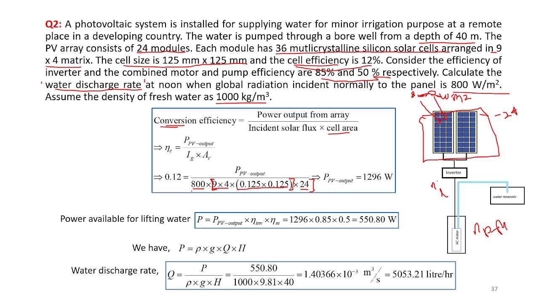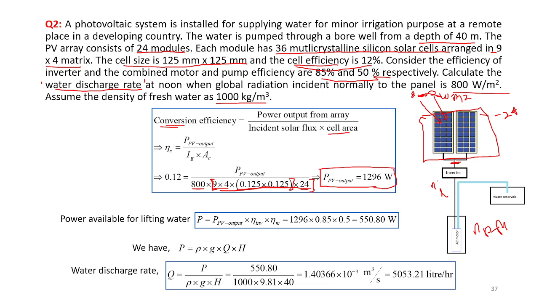So your input power will be this 800 watt per meter square times the total area of the PV array, and the efficiency is given as 12%. So you can get the PV power output. Now this is the power that we get from here.